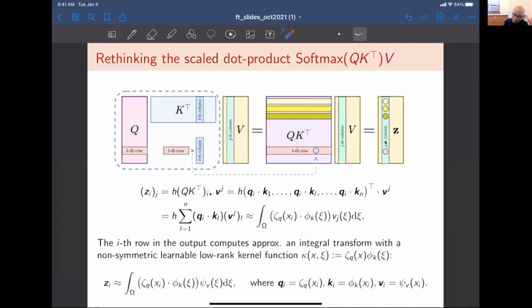So this is row-wise, like a dot product. If we reinterpret this sum as a Riemann sum, we reinterpret it as an integral. This is pretty much like a learnable integral transform with 3 trainable matrices, what the natural language processing people call, sorry.